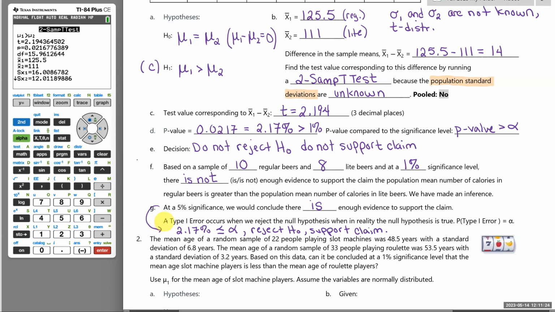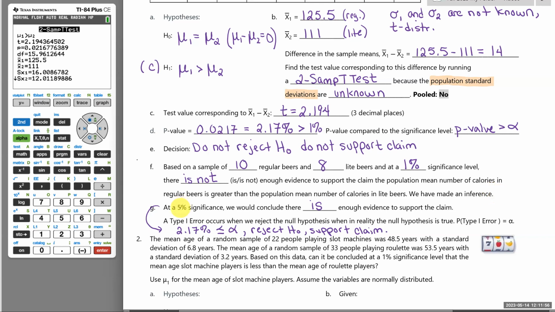So I'm going to do a reminder here. We haven't talked a lot about it, just briefly mentioned it at the start of chapter 8, that a type 1 error occurs. So this type 1 error happens when we reject the null hypothesis, when in reality, the null hypothesis was true. So the idea here is there is always a potential for making a mistake when we make a decision, because inferential statistics, we are only using samples to draw conclusions about populations.